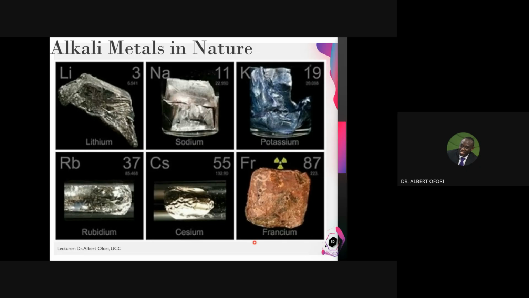But all these metals have this silver-white nature, with the exception of cesium, which is golden yellow, and francium, which is greenish. But once you go down the group and expose them to external force, they become radioactive. So we don't want to be engaging such elements at all.